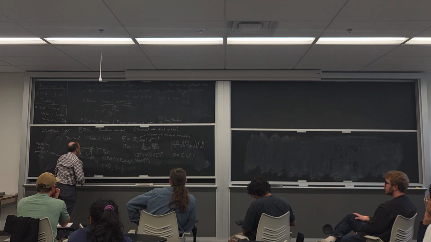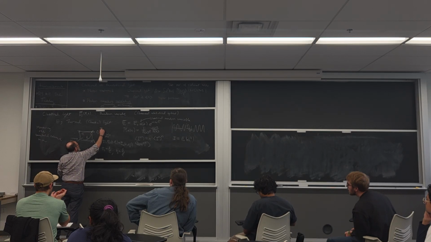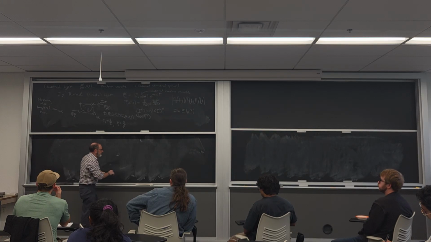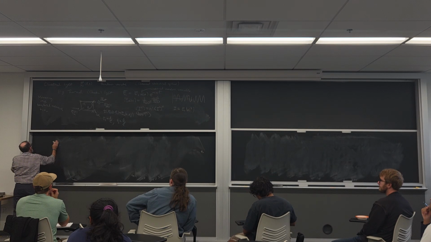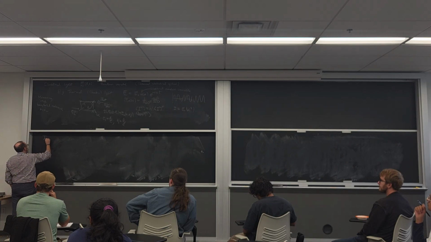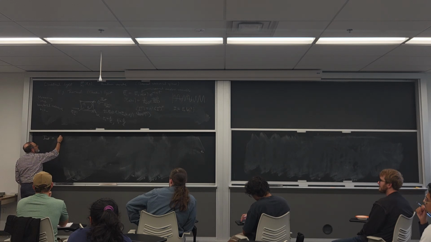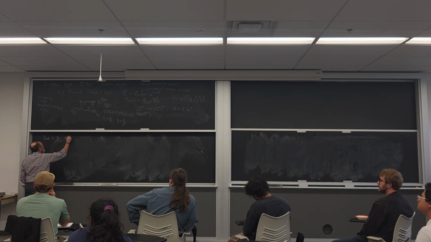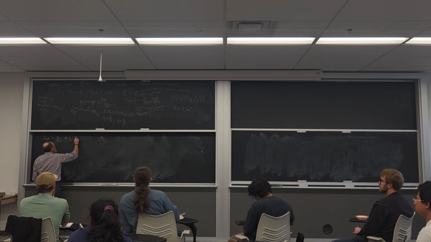So what we would measure at the end is the intensity. Okay? So the intensity at the output port is the time average of the square of the amplitude.